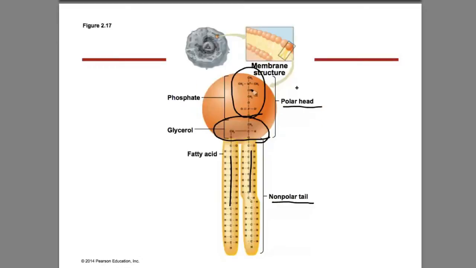And because this is hydrophilic, it can interact very nicely with water, whereas this part does not interact with water. Okay, and these are going to form the lipid bilayer that form the membranes of your cell.